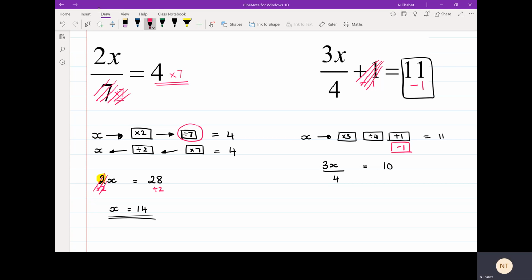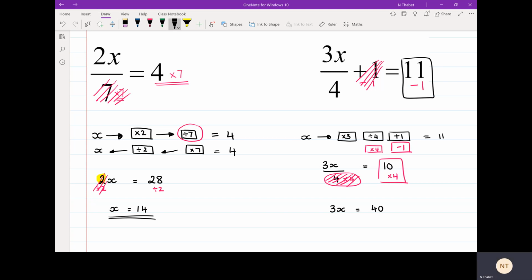I now have to reverse the division by 4, so I'm going to multiply both sides by 4. The times by 4 here simply cancels out the division by 4. So that's gone. And then I've got 10 times 4, which gives me 40. So I've got 3x equals 40.